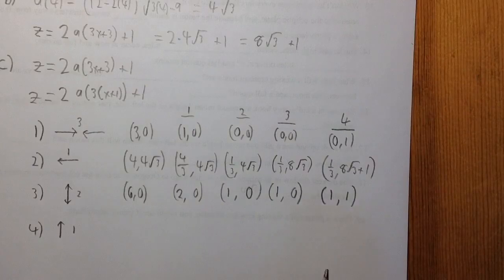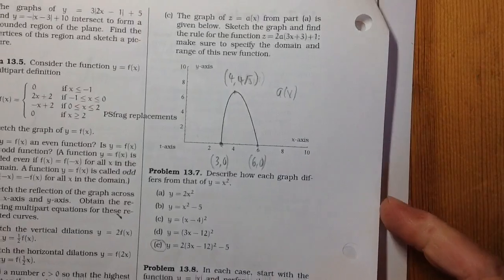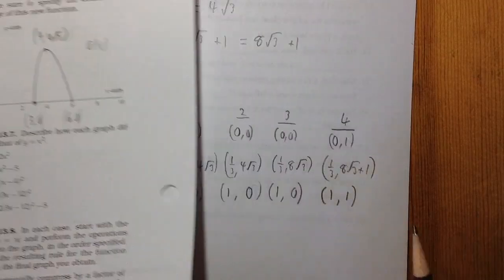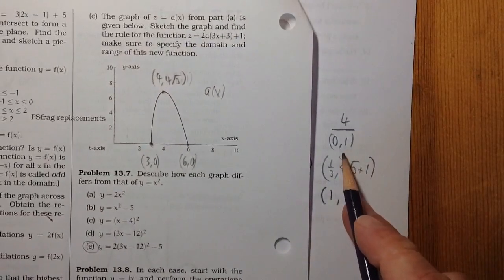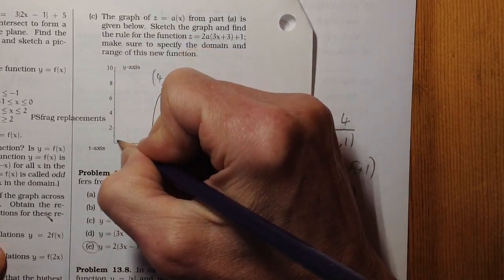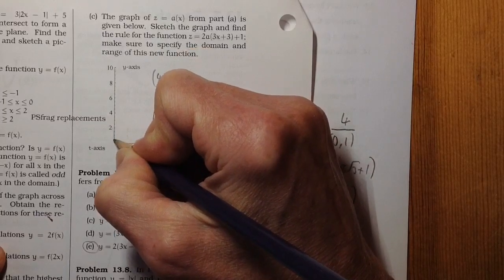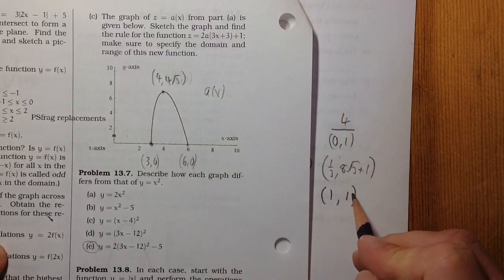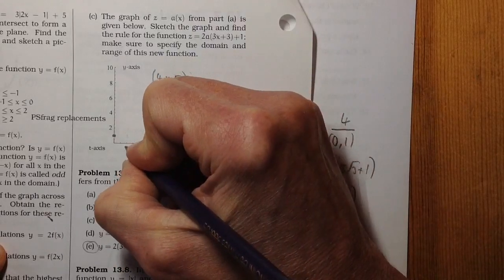So all we've got to do to graph it now is look on our old graph, and I'm just going to do it on top of this one, and we have the points right here. So 0 comma 1, which is x equals 0, 1, so that's about right there. And then 1 comma 1, so 1 is right there.